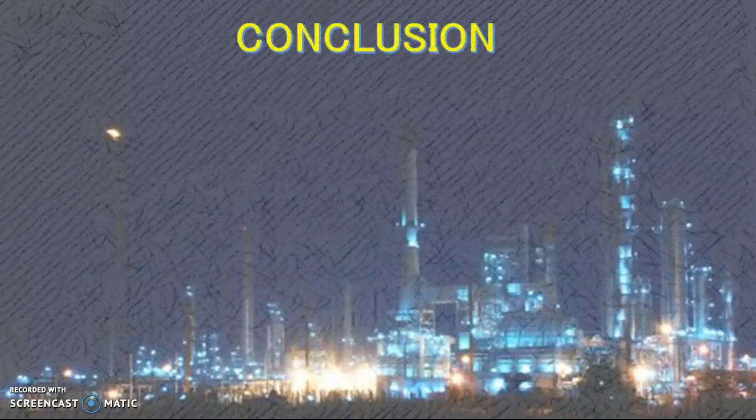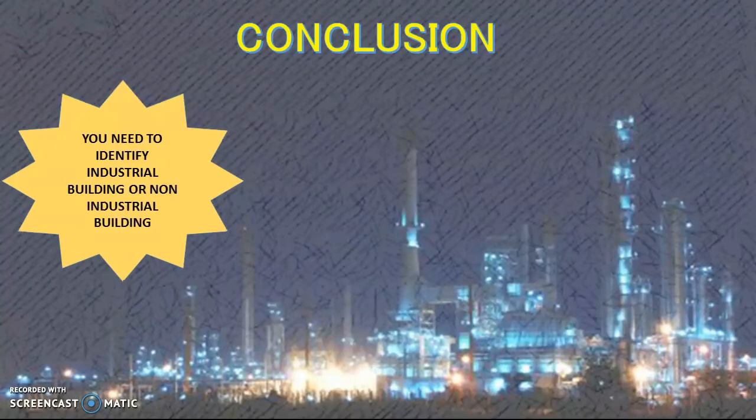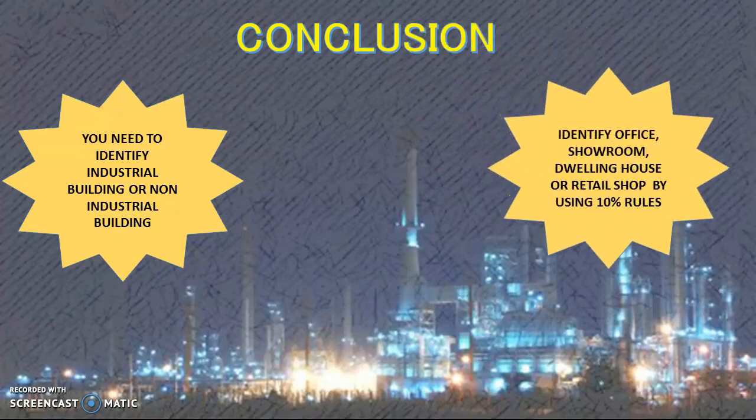Okay, so the conclusion of part 1 of this topic is, first, you must identify what is an industrial building or a non-industrial building. Then, if you find that there is an office, showroom, dwelling house or retail shop, you must calculate using the 10% rule.